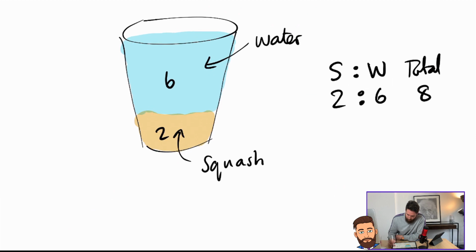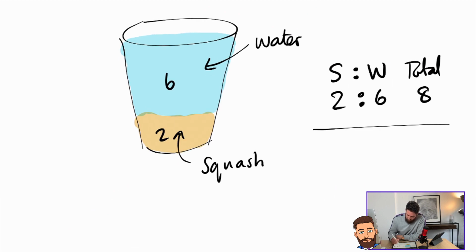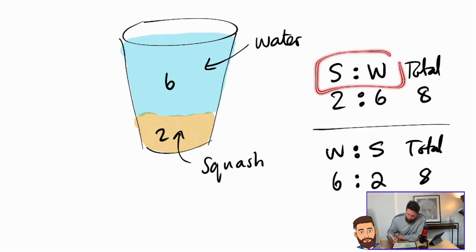We could also say that the water to squash is 6 to 2. And it's quite important, the way they word questions would determine which way your ratio is written.